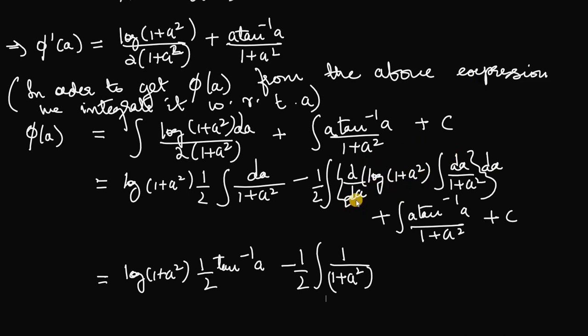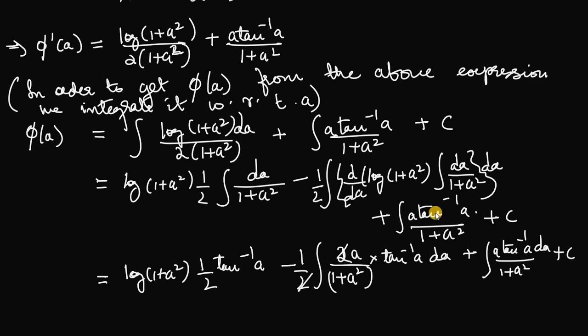So you get here twice a, then into the integral of this term inside the integral sign, again tan inverse of a. So it will be tan inverse of a dA plus the integral a tan inverse of a dA by 1 plus a square plus that c. So now 2 and 2 can be cancelled here. Please note down this should be dA.